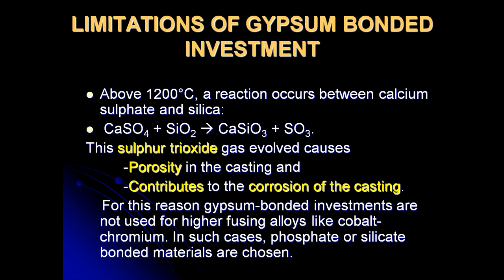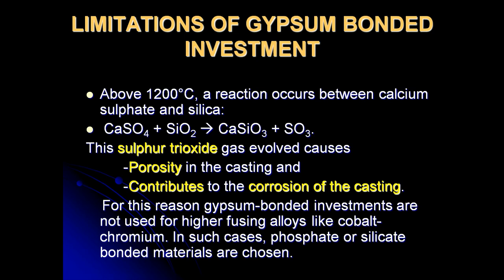I repeat, carbon is added to investment powder to facilitate the divesting. Second MCQ: the chief disadvantage of type 4 gypsum die is, it is susceptible to abrasion.